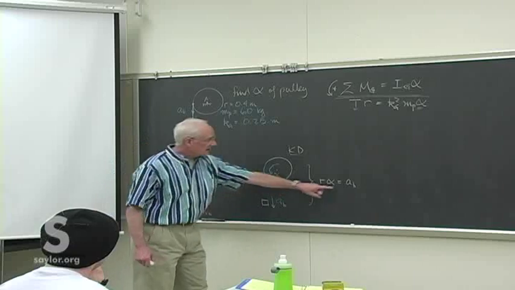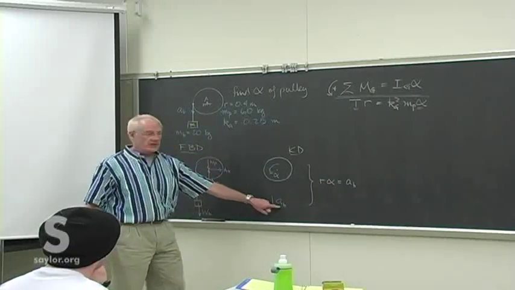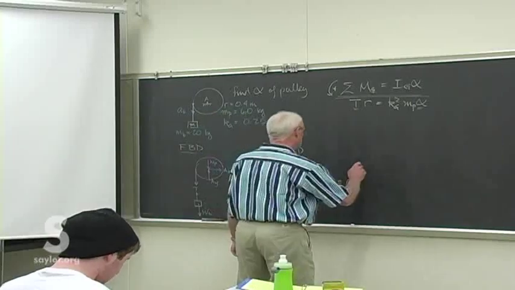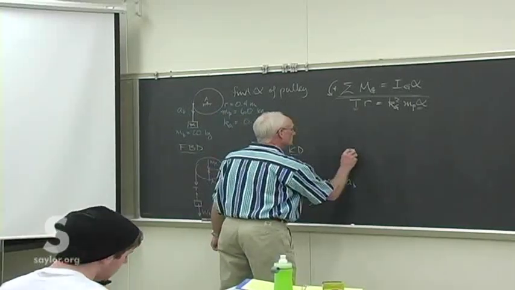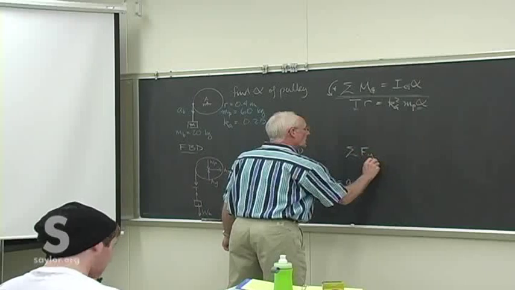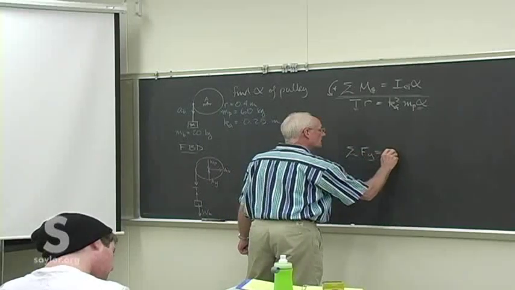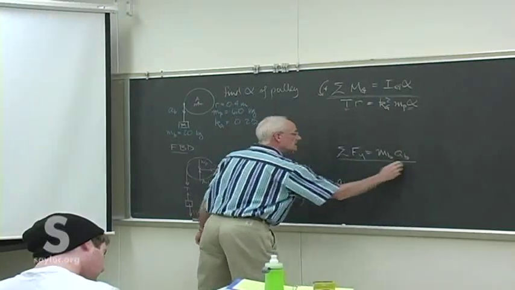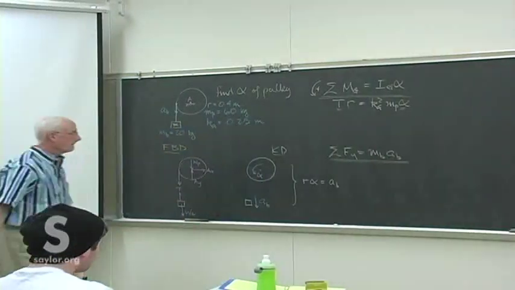So technically we would bring in another unknown, but it's very easily taken out with perhaps our simplest equations. So sum the forces in the y direction on the block will cause the block to accelerate.